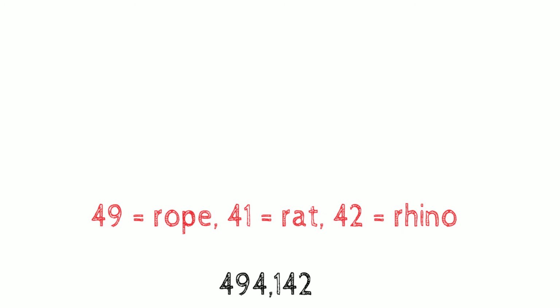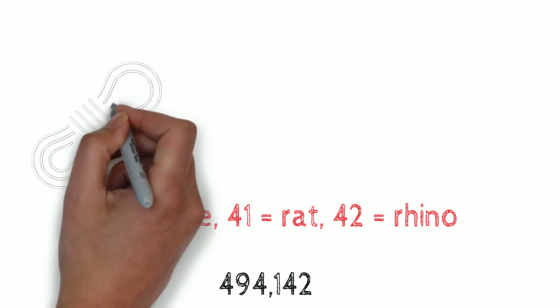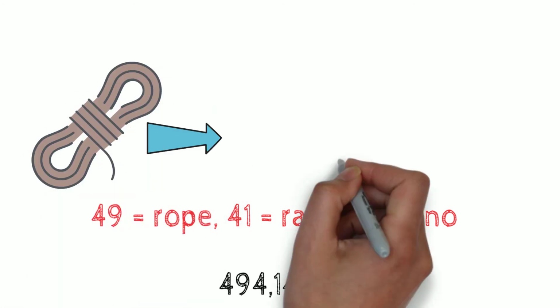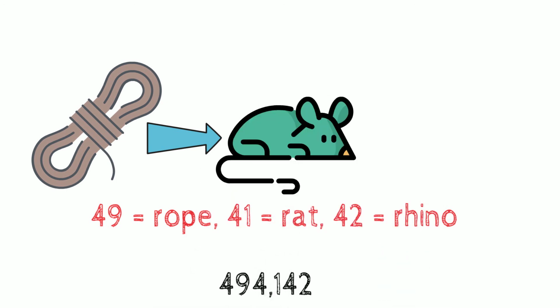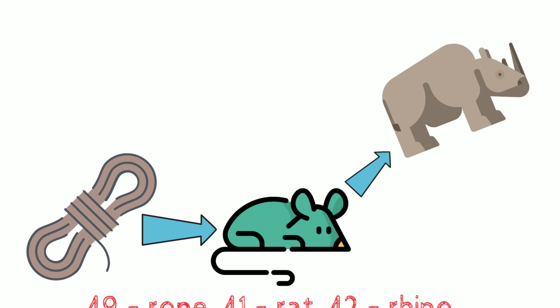Next, we'll use our wide imaginations to come up with a silly story to link all the peg words. Here's my version. I'll imagine a rope being climbed on by a rat, and then I'll picture a rat chasing a rhino in the wild. It's a simple, illogical story that links all the peg words together.